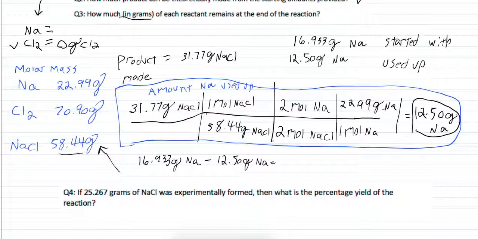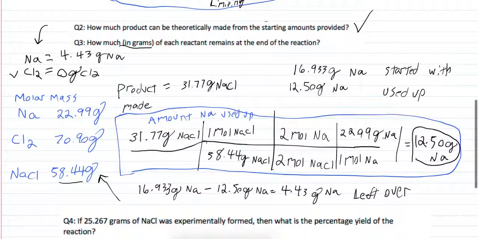So 16.933 minus 12.50 gives us 4.43 grams of Na, and that is what's left over. So we have 4.43 grams of Na left over and 0 grams of CO2 left over. This part, done.